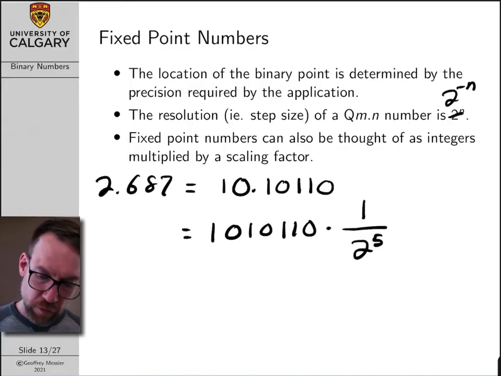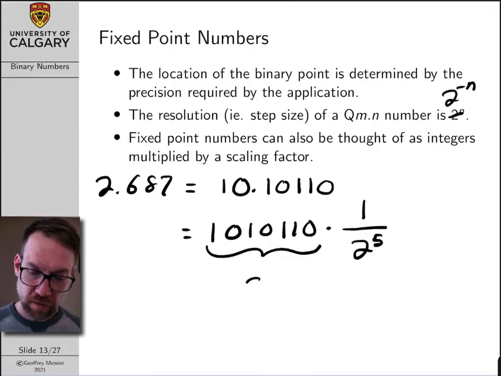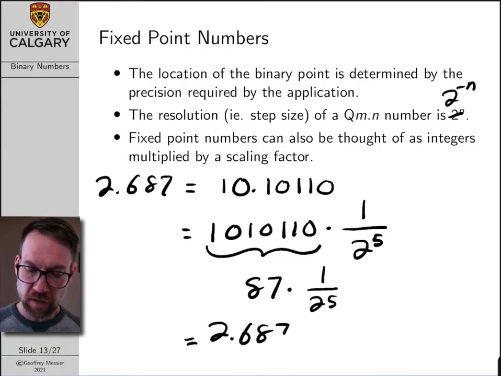And so if we look at the integer value of this binary number, this is 87. And if we multiply 87 by 1 over 2 to the 5th, if you check this with your calculator, we get 2.687.